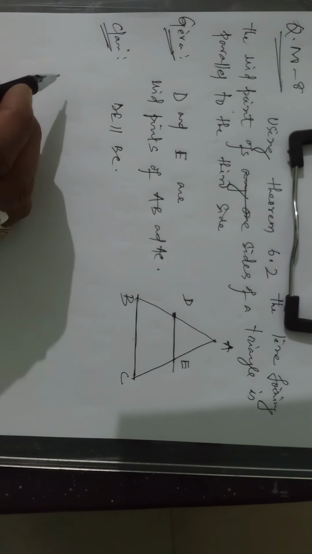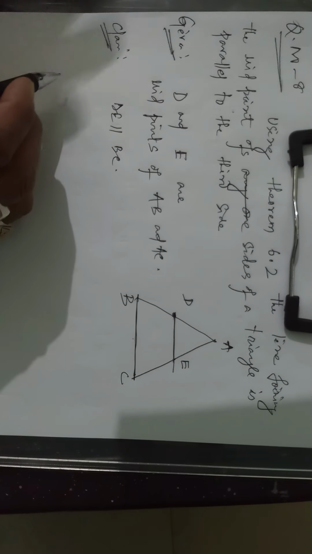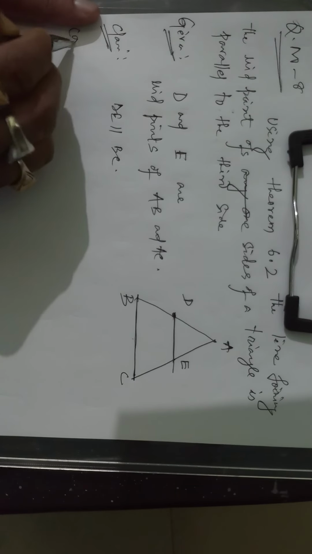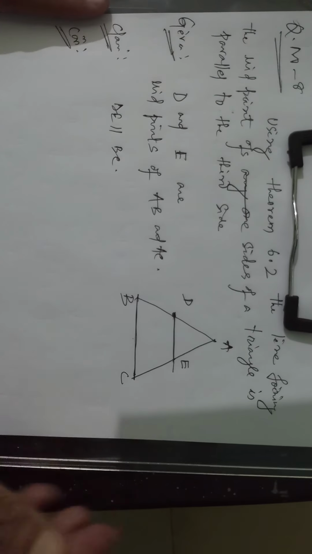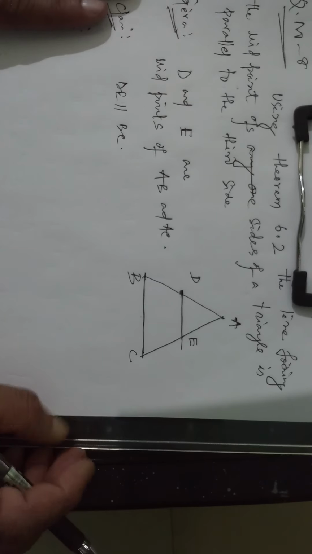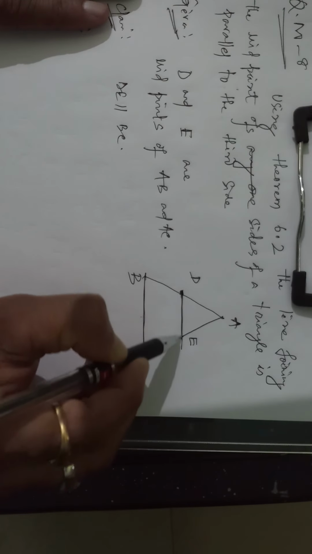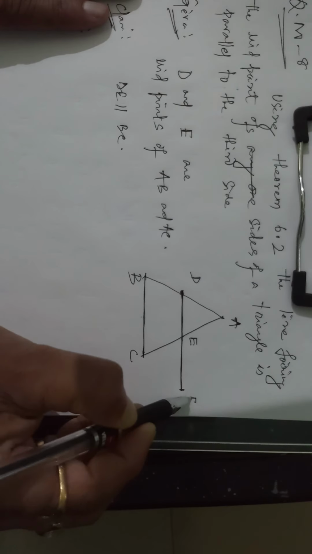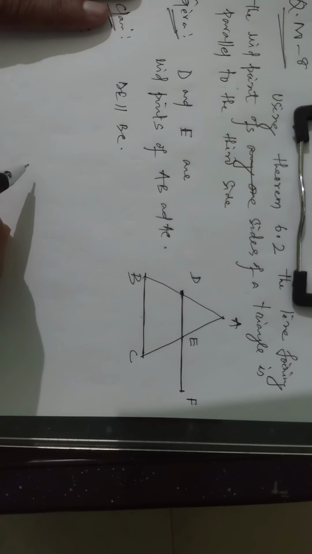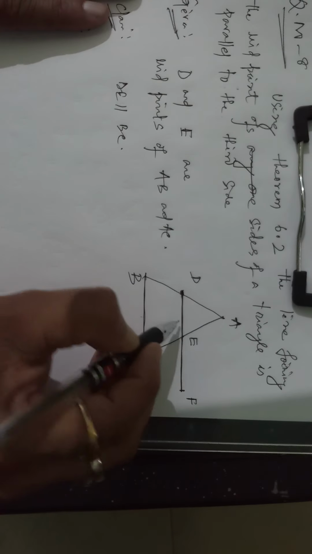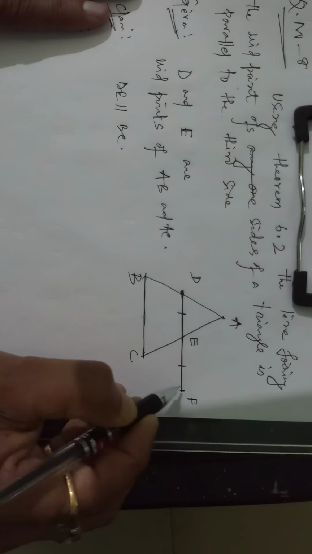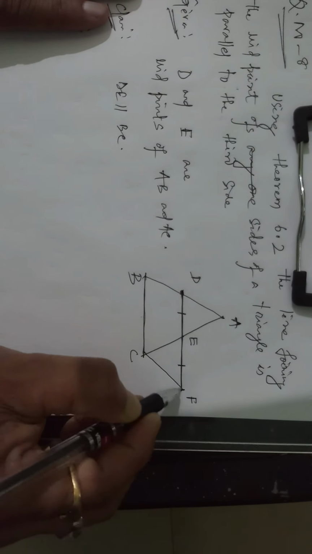We cannot do it directly with AD by BD equal to 1, AE by EC equal to 1, and this line is parallel, because that is very ordinary. So you have to do a construction here. What will the construction be? Extend DE to F such that DE equals EF and join FC.